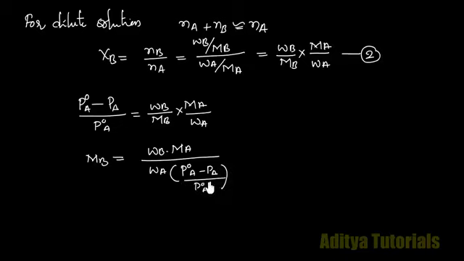If we know the WB, that is a given mass of the solute, given weight of the solvent, molecular mass of the solvent, then we can find out the relative lowering of vapor pressure experimentally, and by that we can calculate the molecular mass of the solute.